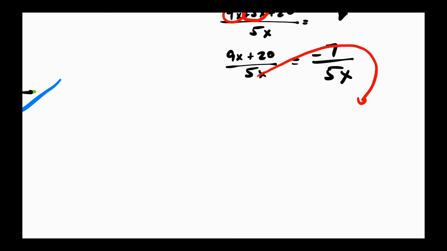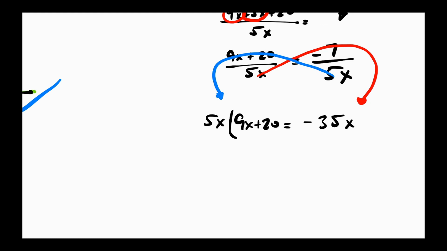So I'm going to cross multiply these guys here, and these guys here. On one side I get negative 35x, negative 7 times 5x. On the other side I get 5x times 9x plus 20.